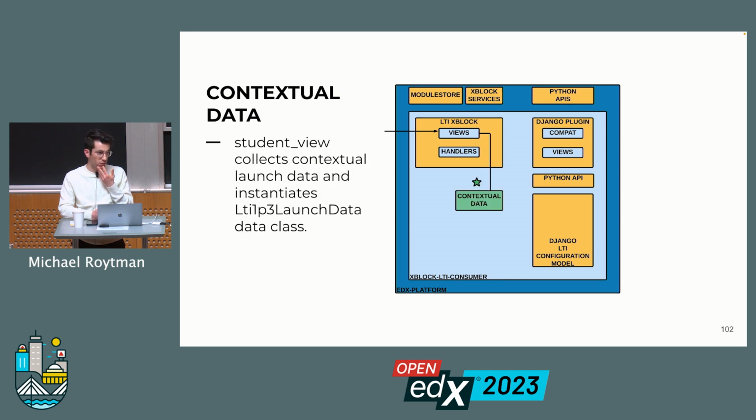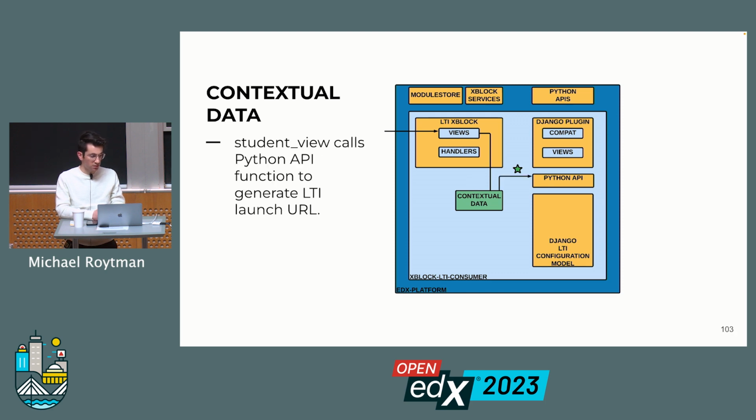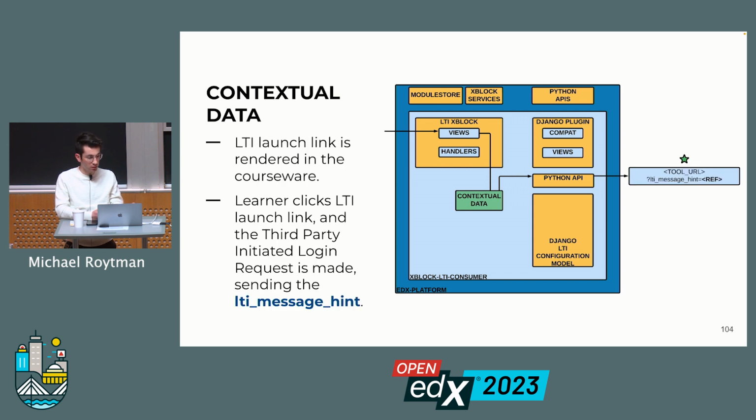It'll collect contextual data from, I don't know, the XBlock services or the module store in this case, and instantiate an instance of the LTI 1.3 launch data class. They'll call the Python API passing this. Python API will generate a launch URL with a reference to the contextual data. That will be rendered in the browser, the request will be made, LTI will start.